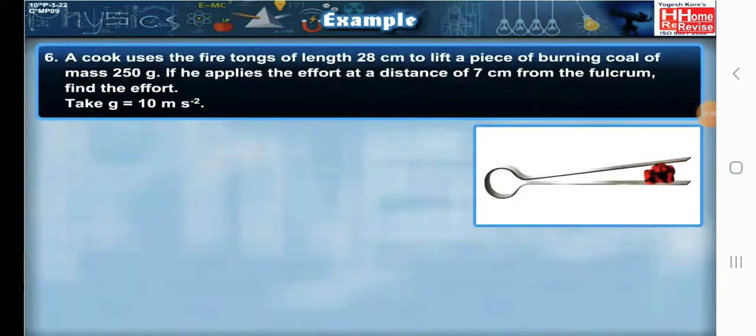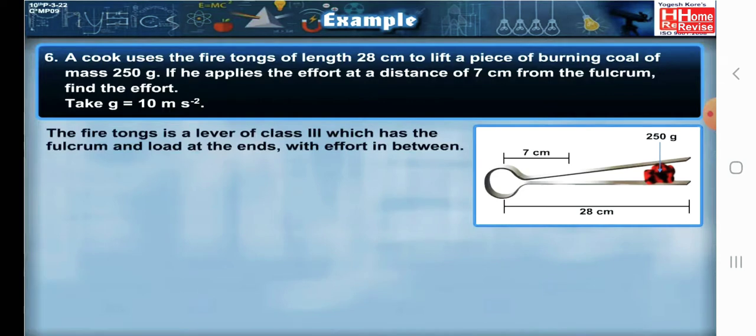Example 6. A cook uses the fire tongs of length 28 centimeters to lift a piece of burning coal of mass 250 grams. If he applies the effort at a distance of 7 centimeters from the fulcrum, find the effort. Take g is equal to 10 meter per second square.